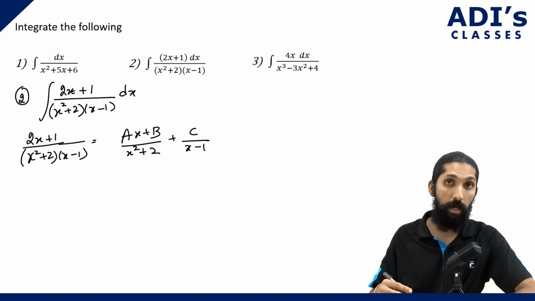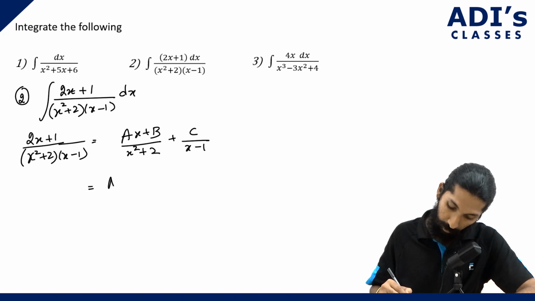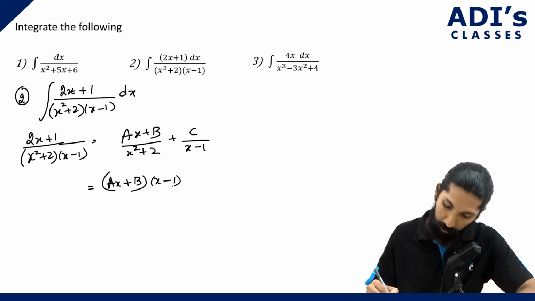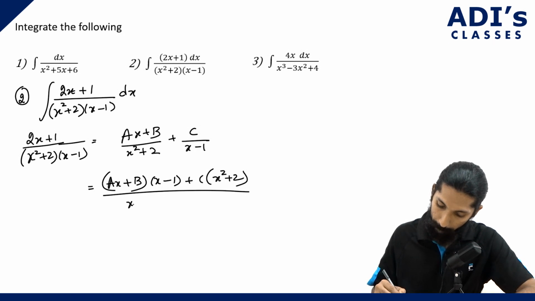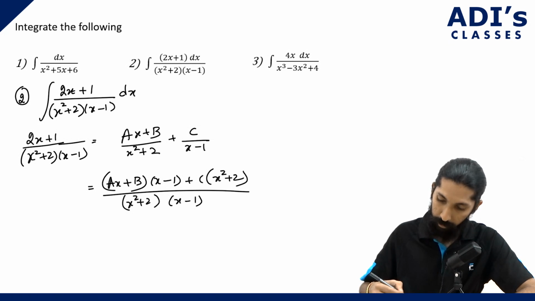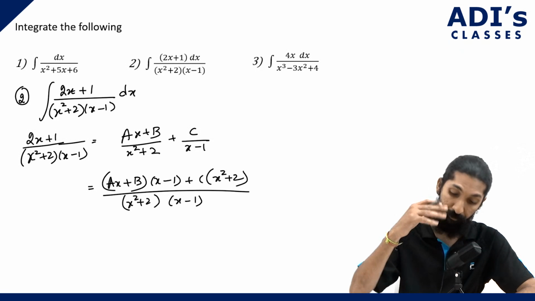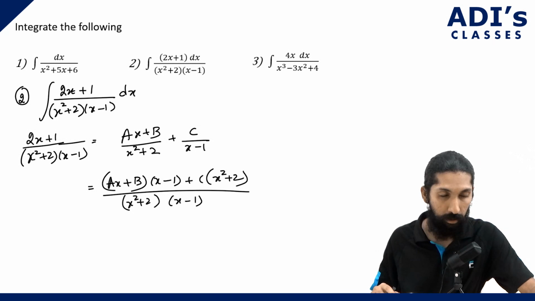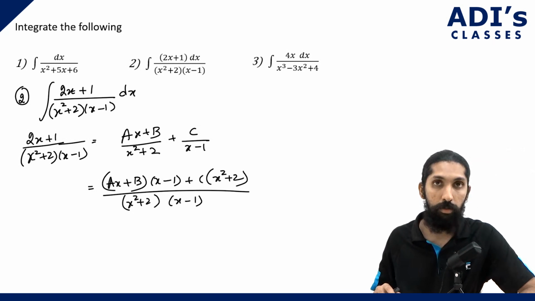On the LHS, take LCM. Sorry, not LHS, RHS. You have ax plus b into x minus 1 plus c into x square plus 2, by x square plus 2 into x minus 1. Correct? LHS, it's going to be the same. LHS, there is no change whatsoever.